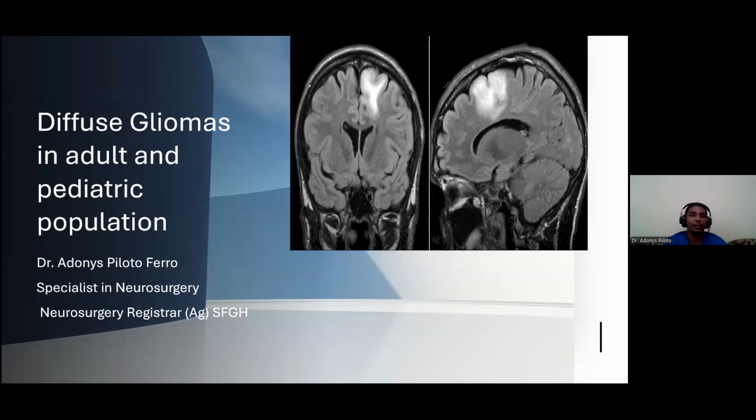Today we're going to talk about diffuse glioma in adult and pediatric population. I think for a young neurosurgeon it is one of the most challenging tumors, not because of the complexity of the surgery, but because most of the patients that have tumors like that usually have no or poor neurological symptoms, or sometimes are neurologically intact.